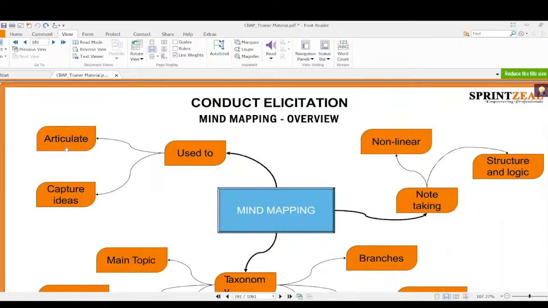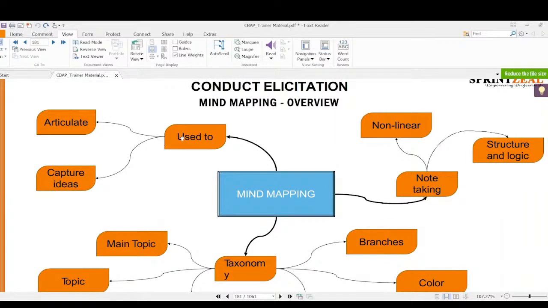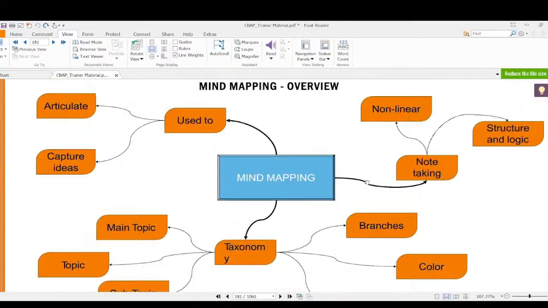You were asking about that in our last session. It's just that whenever you come up with a topic, you actually try to bring out more details out of that. So let's say note taking is one thing. Basically they are trying to explain this technique, mind mapping, by using some of the techniques or activities which a BA already does.